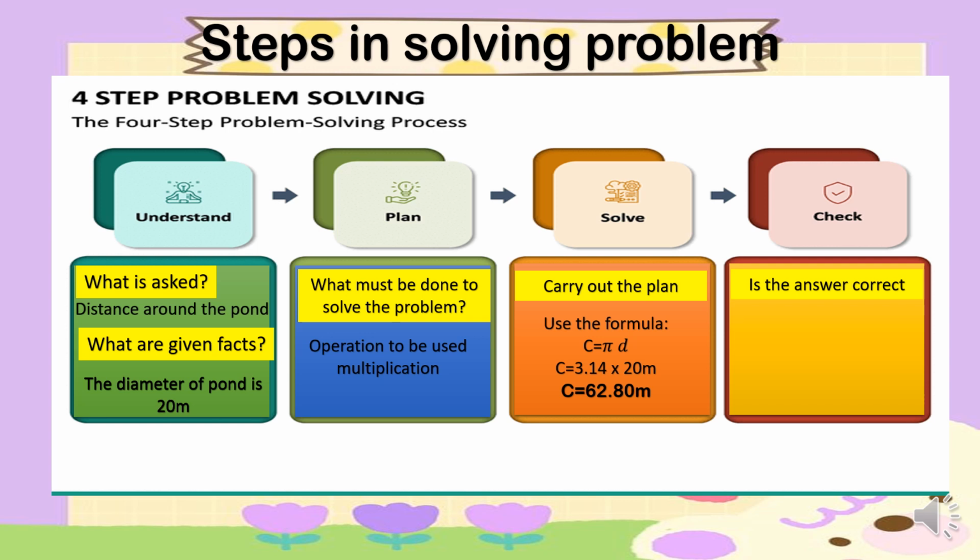Therefore, when we multiply 3.14 times 20, you will get 62.80 meters for the circumference. Now, if we are going to check the answer, is the answer correct? We check by division. So the quotient should match the given diameter.